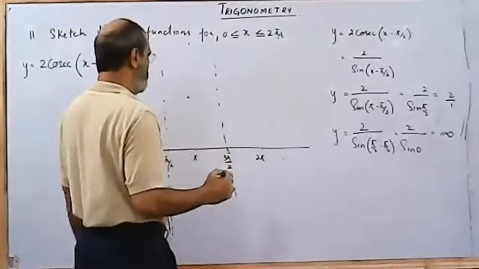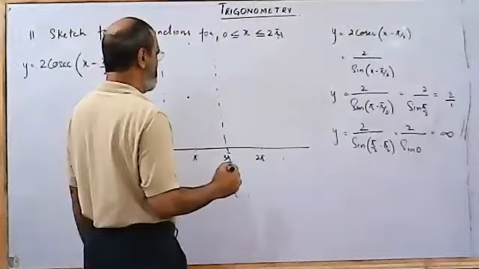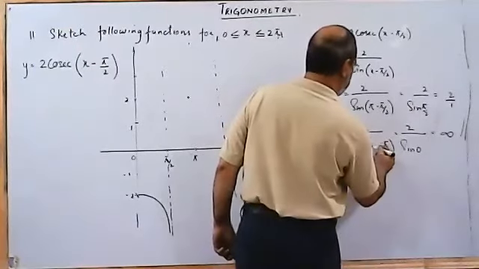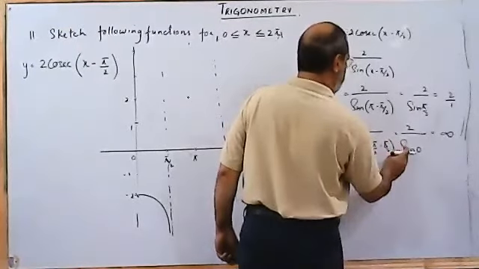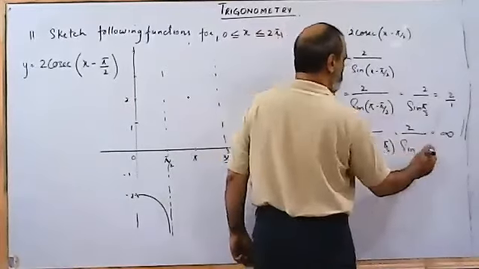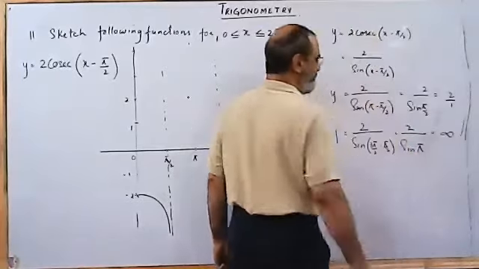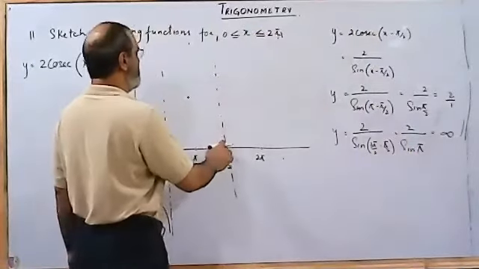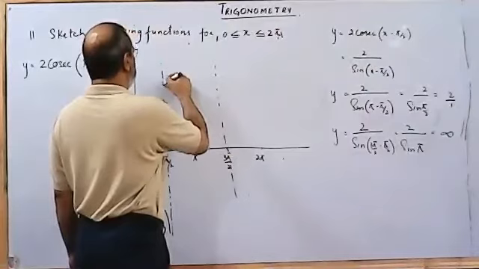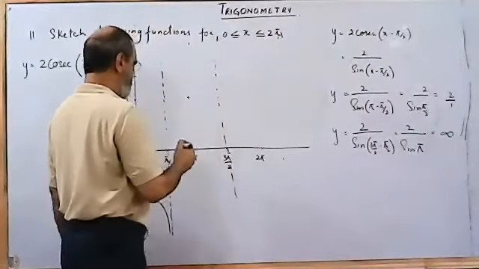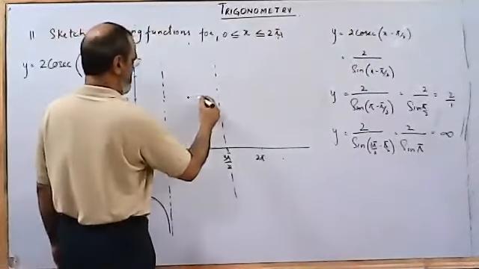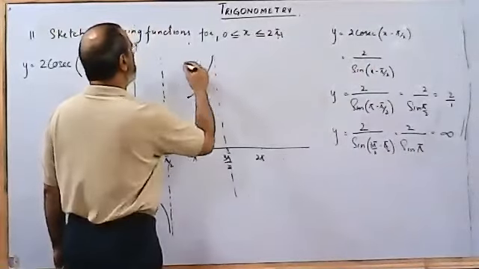And for 3 pi by 2, 3 pi by 2 minus pi by 2 will be pi. So sine pi is 0 again. So it is also undefined. So at 3 pi by 2 again you are undefined. This curve will bend like that.